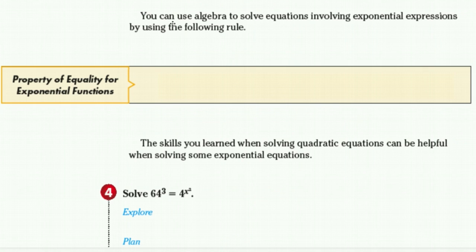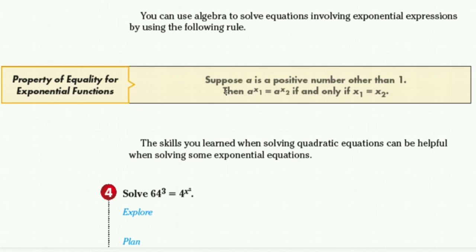And you can also use algebra to solve equations involving exponential functions by using the following rule. And this rule, if you knew this earlier, you would have probably answered the bonus question on the chapter 9 test. Okay, and that's the reason why it was a bonus question, because you had to figure that out without knowing this rule.